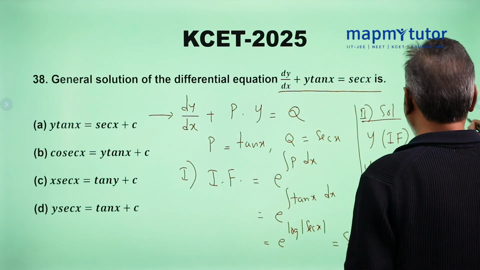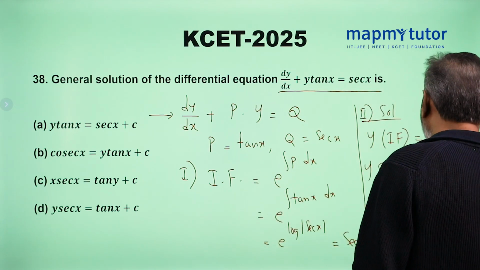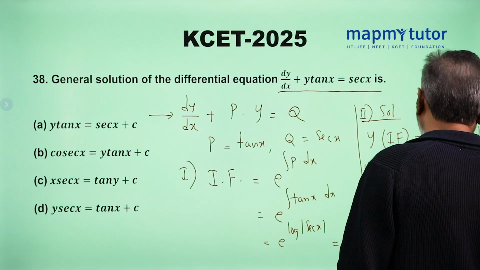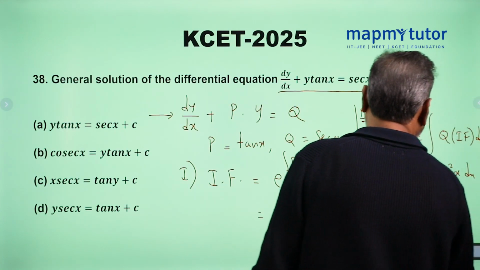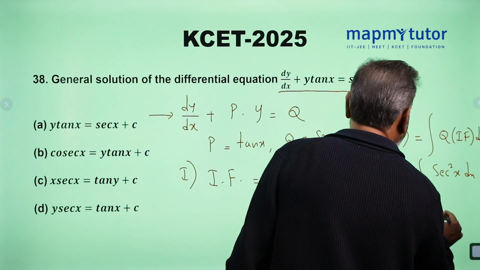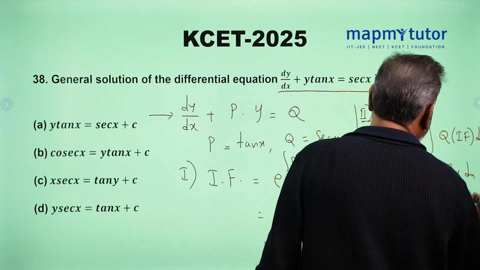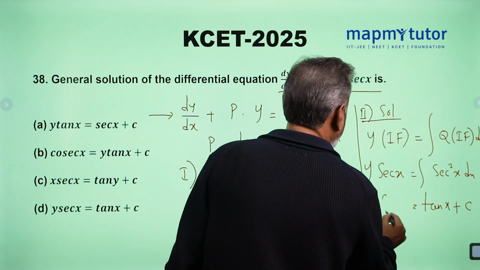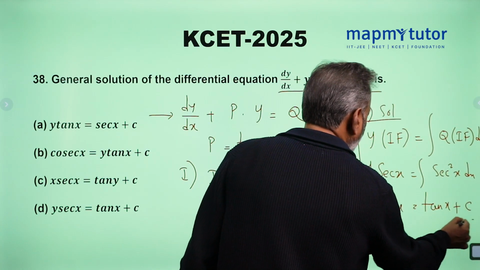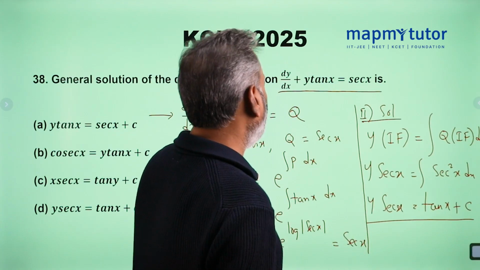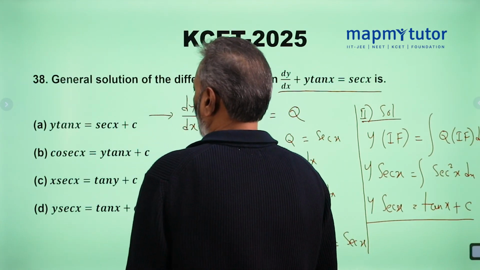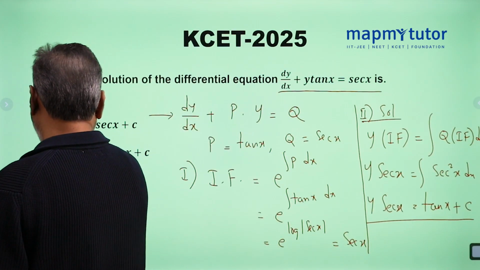Secant x. And again the integrating factor is also secant x. Therefore secant x into secant x is what? Secant square x. And hence it is tan x plus c on the right side. Integral of secant square is what? Tan x. So y secant x equal to tan x plus c. Where is that?